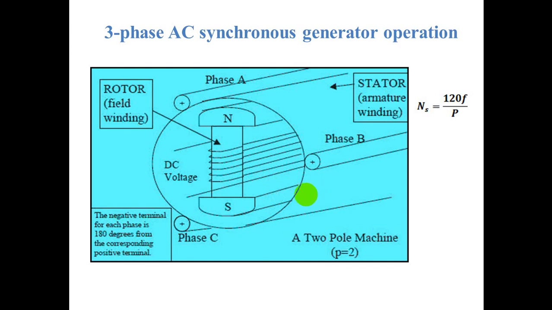To understand the synchronous generator working principle, let us consider two opposite magnetic poles, as shown in this picture. This pole is called north and this pole is called south. Two opposite poles.